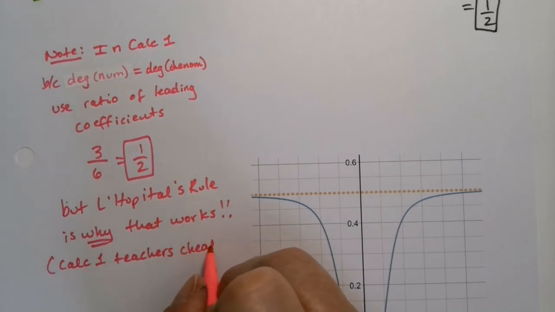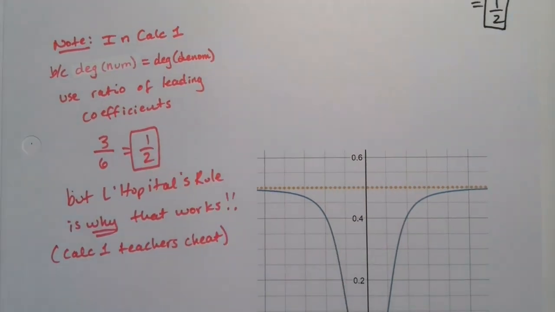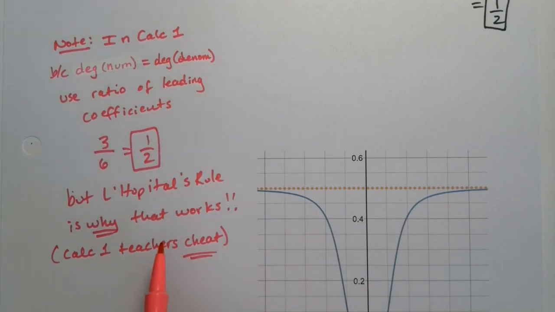I don't tell people where it's coming from. I'm like, don't worry about it, we'll worry about it later. They're getting you out of having to do L'Hopital's rule because at the time you don't know it. Some calculus teachers do teach L'Hopital's rule, but sometimes they don't. Usually you don't learn L'Hopital's rule until after you've learned derivatives, and you always learn limits first. So they kind of have to cheat at that point.